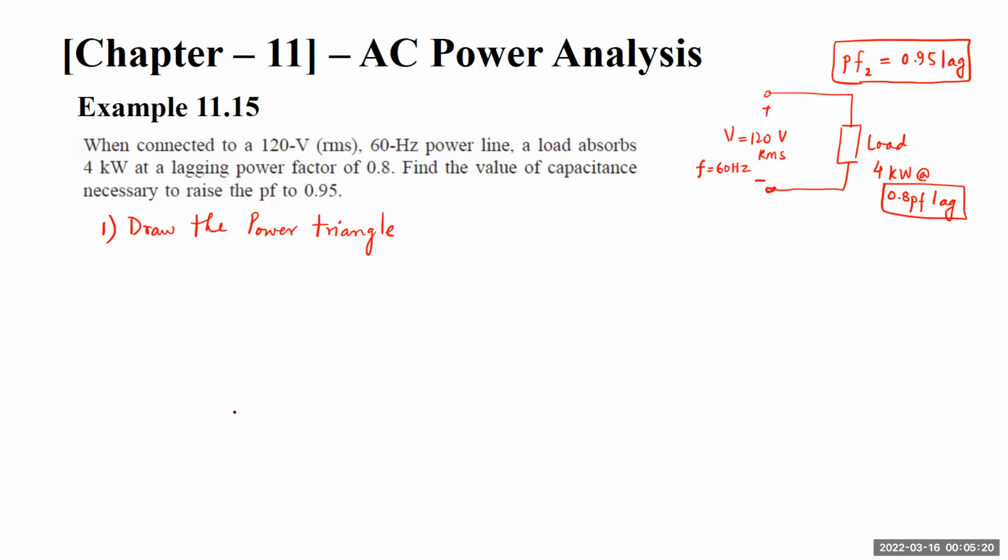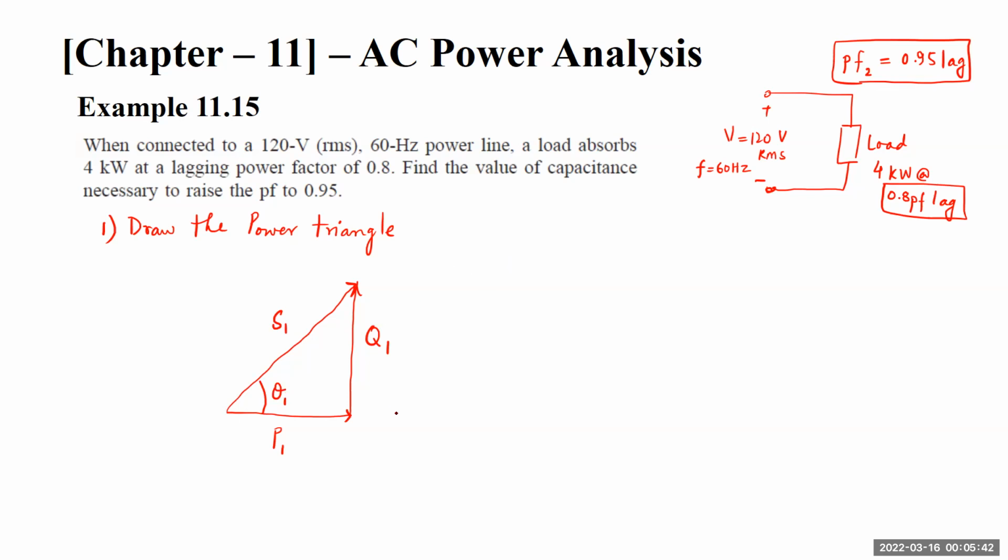For the power triangle, we have P over here, and we have Q over here, and we have S over here. So I call it P1, this is Q1, and this is S1. So this will be my angle theta1.